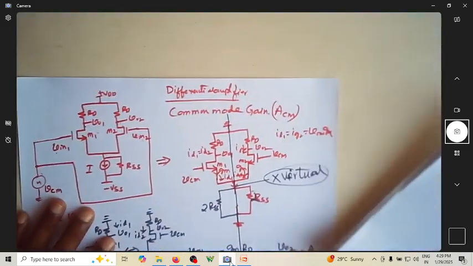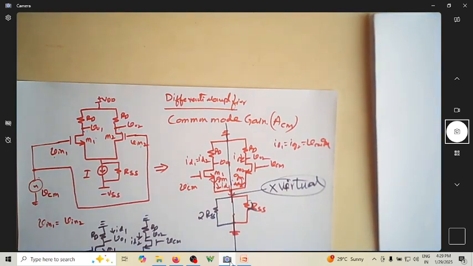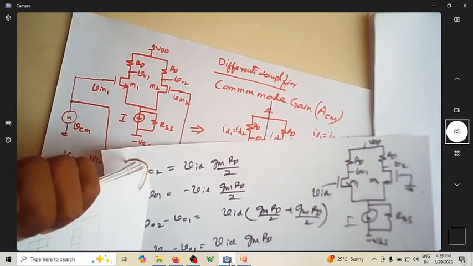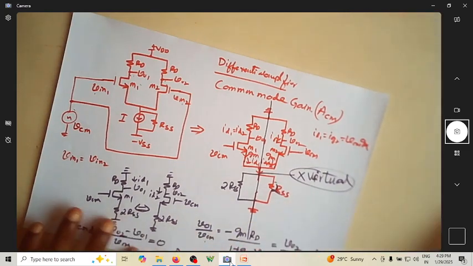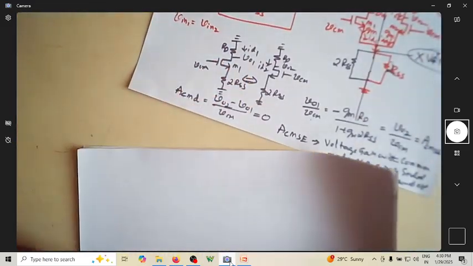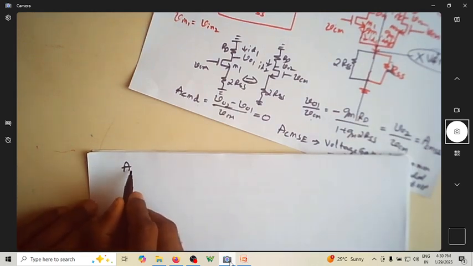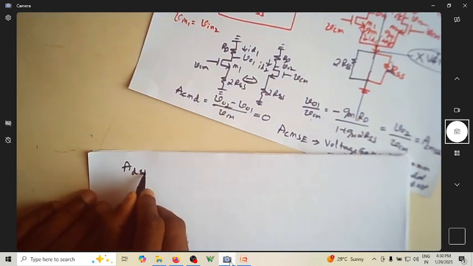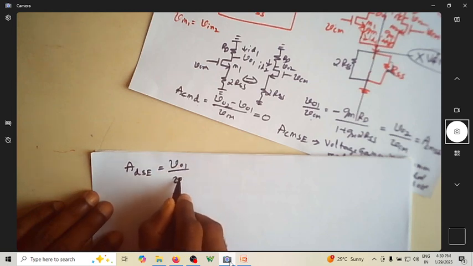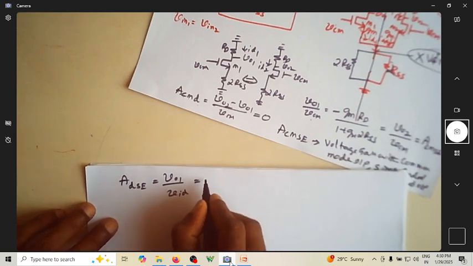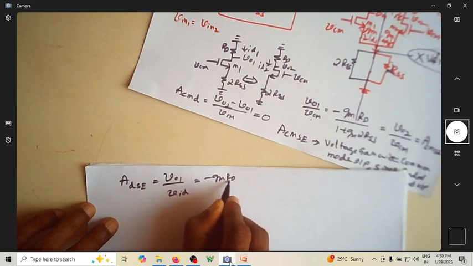Now let me just recap the differential, common mode and single-ended things. Let me rewrite it here. ADSE, which is V01 by VID, is equal to minus GM RD by 2.